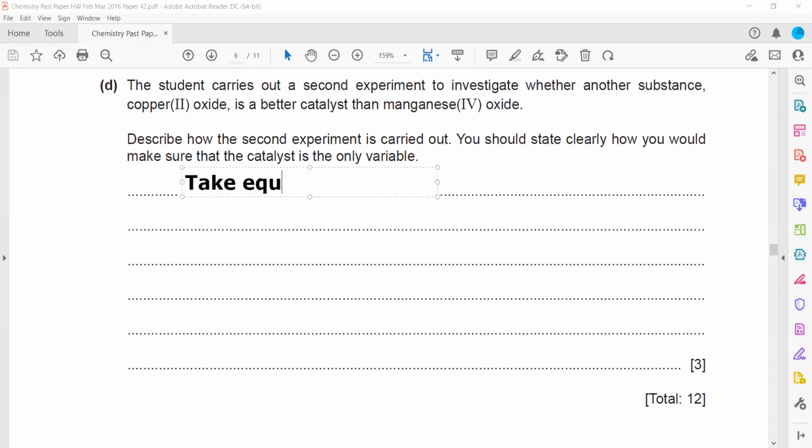Or you can also mention take 10 cm cube of hydrogen peroxide. Any specific number can be mentioned here. That's one thing.